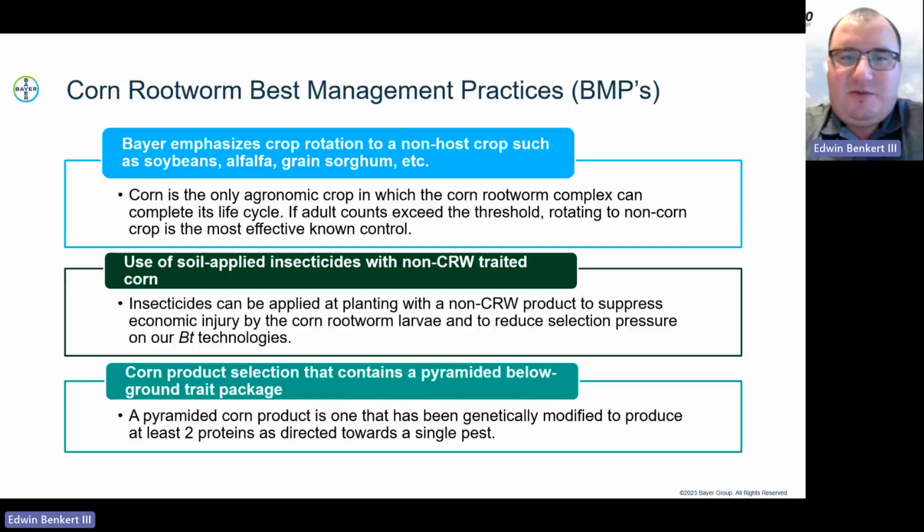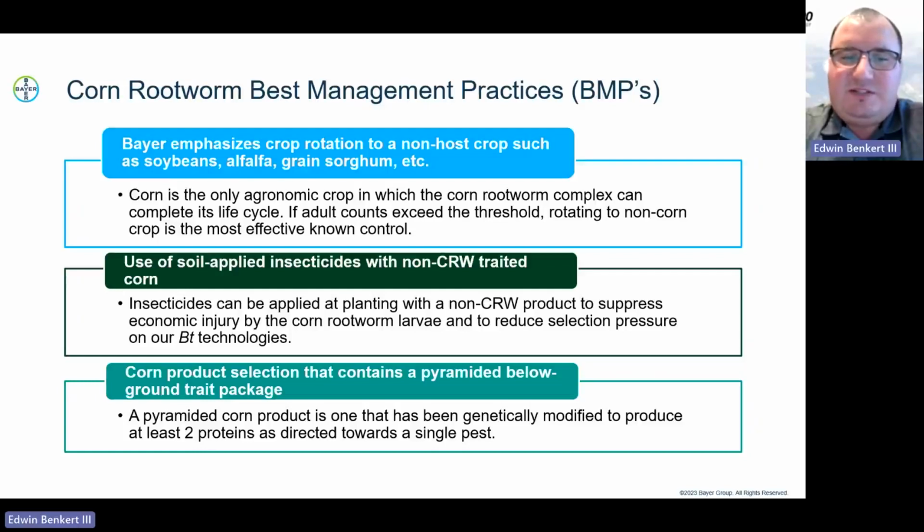So kind of our best management practices would be, we emphasize crop rotation as the most effective practice, right? So corn rootworm larvae can only feed on corn. So if we rotate away from corn to soybeans or another non-host crop, that's the most effective way to manage a population in that field.